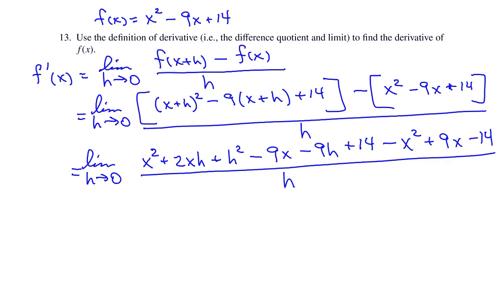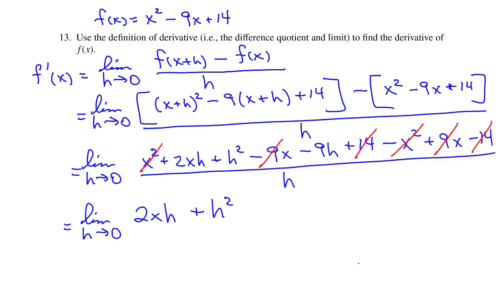Next, cancel off what you can. So the x squareds cancel, the 9x's cancel, and the 14's cancel. And that leaves us with the limit as h goes to 0 of 2xh plus h squared minus 9h over h.